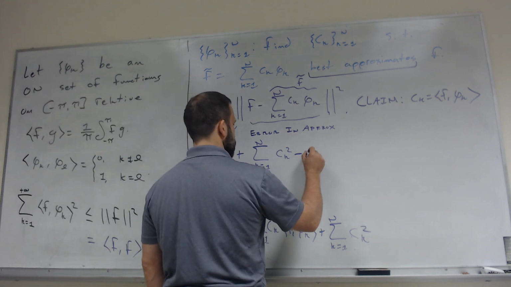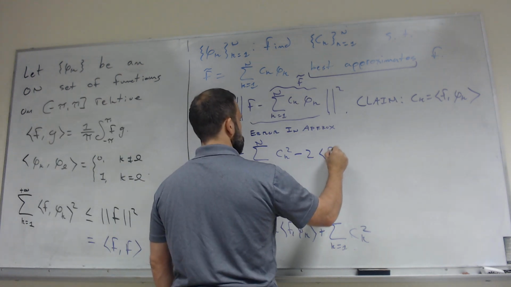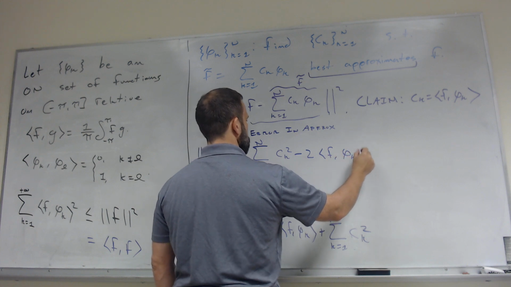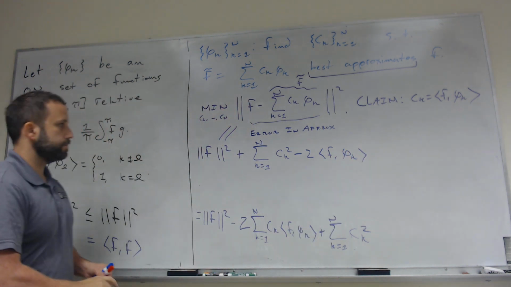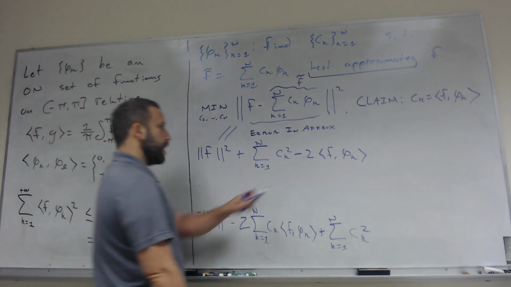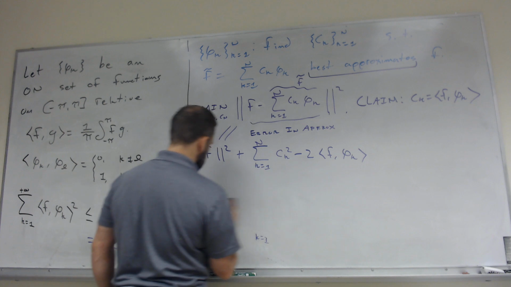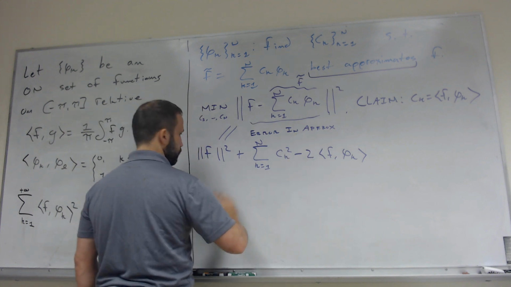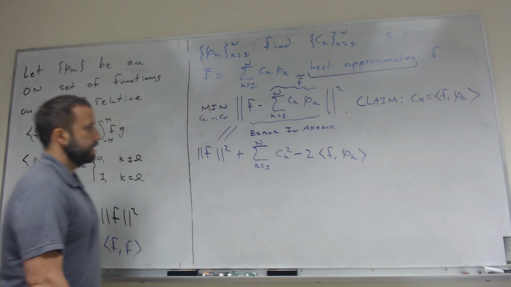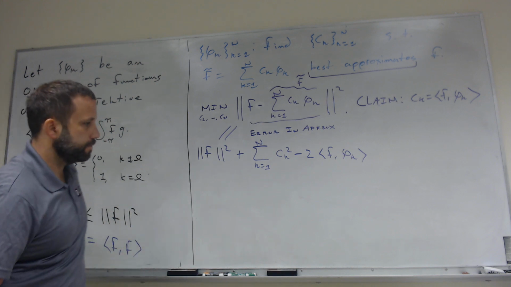So this is going to be minus 2 times the inner product of f and phi k. Again, I'm trying to find the c_k's that minimize this expression.